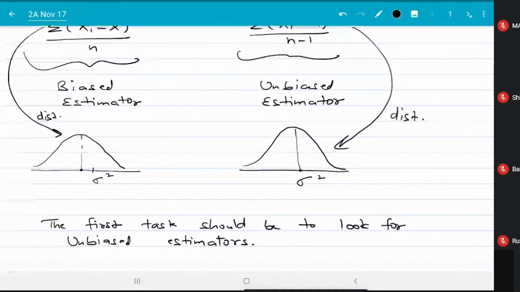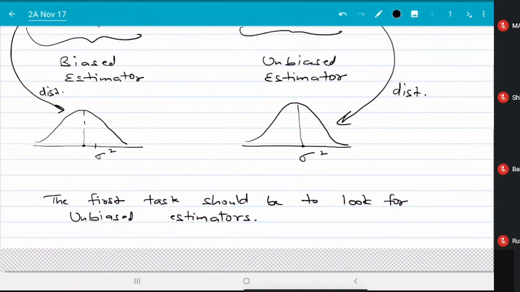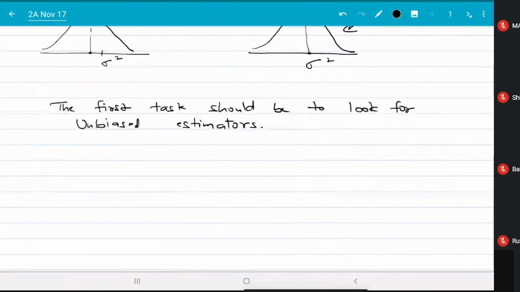Although for any particular sample, we can't expect the estimate to be exactly the same as the value of the parameter, if we have an unbiased estimator, then we're going to have many more samples with values much closer to the true population parameter. Okay, that's the first task.